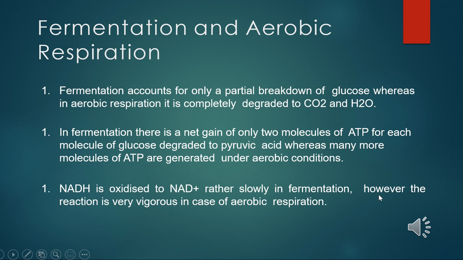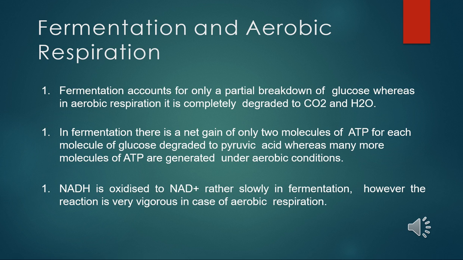Now let us compare fermentation and aerobic respiration. Fermentation accounts for only a partial breakdown of glucose, whereas in aerobic respiration it is completely degraded into carbon dioxide and water. In fermentation, there is a net gain of only 2 molecules of ATP for each molecule of glucose degraded to pyruvic acid, whereas many more molecules of ATP are generated under aerobic conditions, as I have already told you earlier.